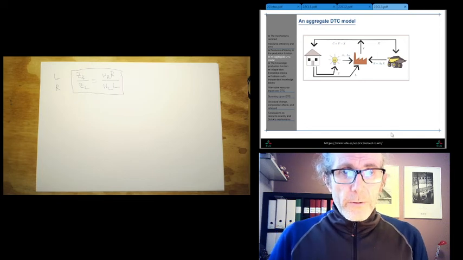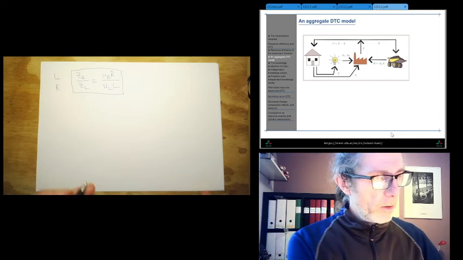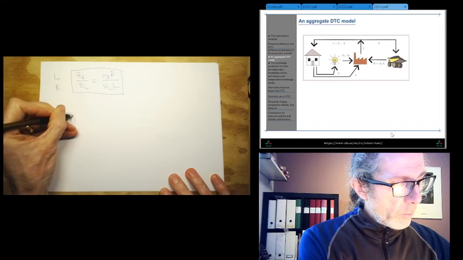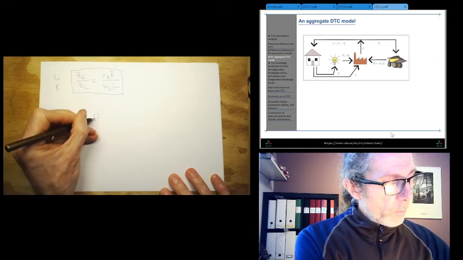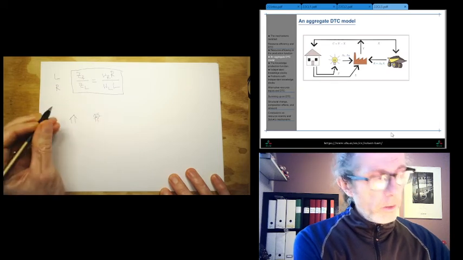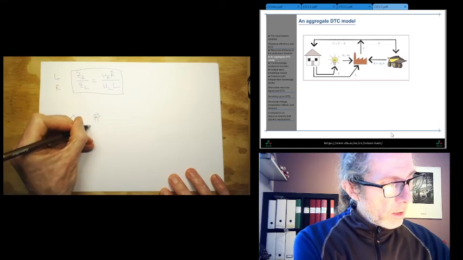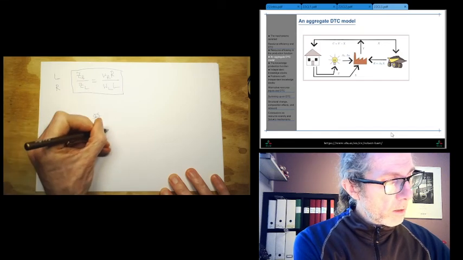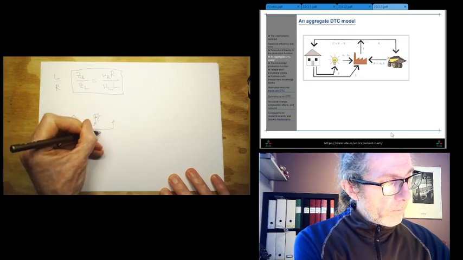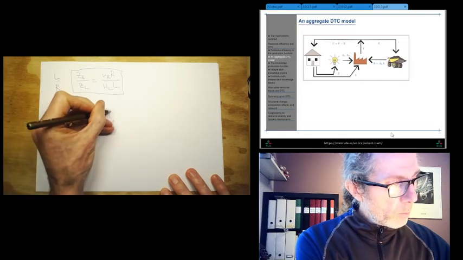But we still want to have a clear picture of the model, even if we're not going to work through it. So what have we got? We've got the knowledge sector and investment of research labor. We've got the final goods sector and production labor.